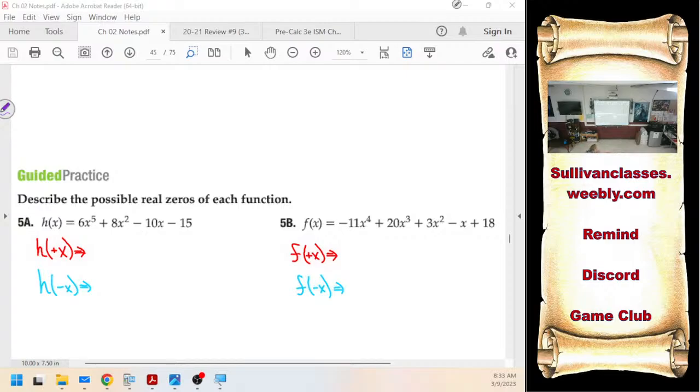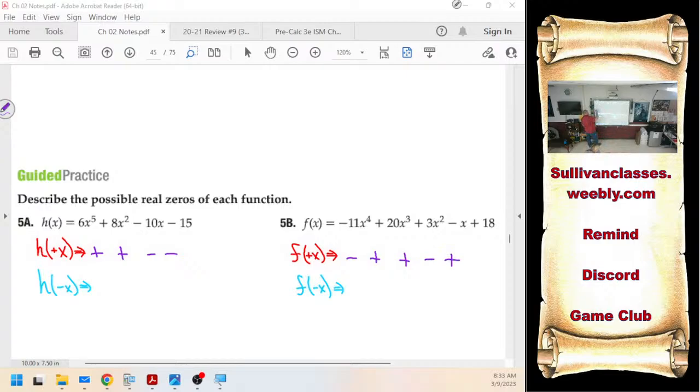First up, if I put in a positive x, I'm just going to get the same thing. So I count the sign changes in the current polynomial. H of x goes positive, positive, negative, negative. F of x goes negative, positive, positive, negative, positive.